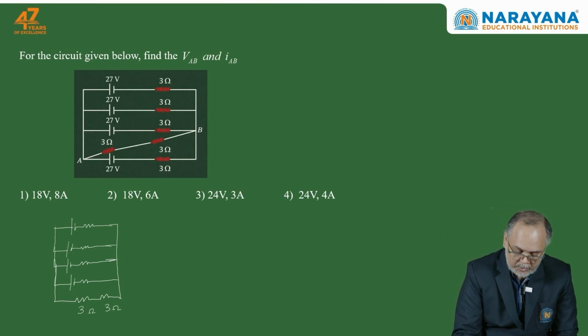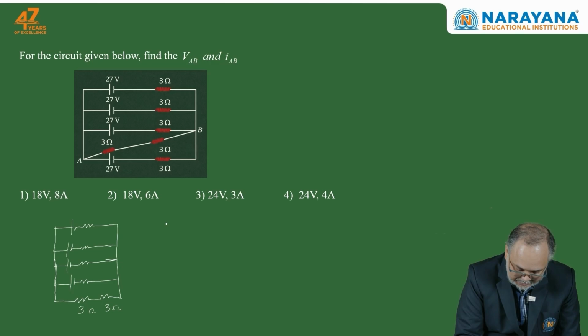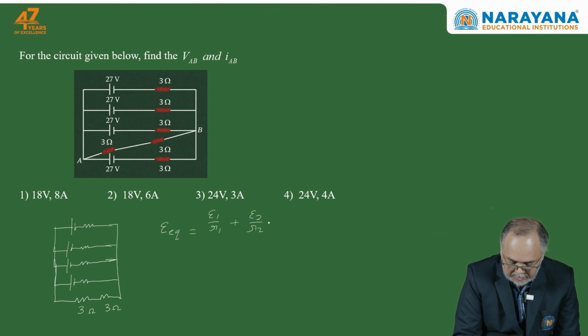Now we can use the formula for the equivalent EMF of the cells, that we can write as E1 by R1 plus E2 by R2 plus E3 by R3 plus E4 by R4, this whole divided by 1 by R1 plus 1 by R2 plus 1 by R3 plus 1 by R4.